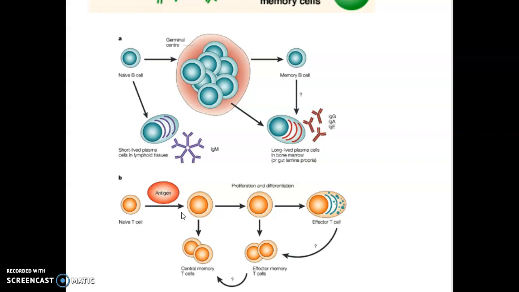Now, normally, this means that you'll be immune for life. However, over many years, decades sometimes, that immunity will be reduced. So, for example, I had chickenpox when I was a small child. I'm now 60. That's a lot of years.